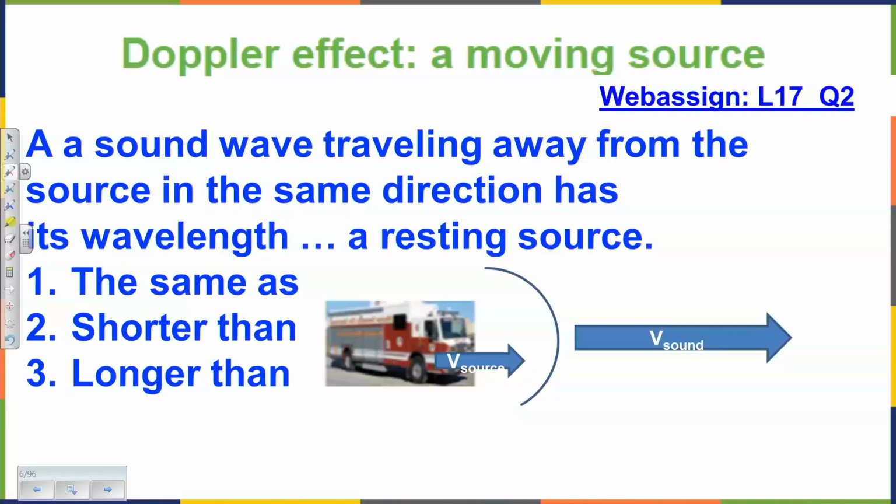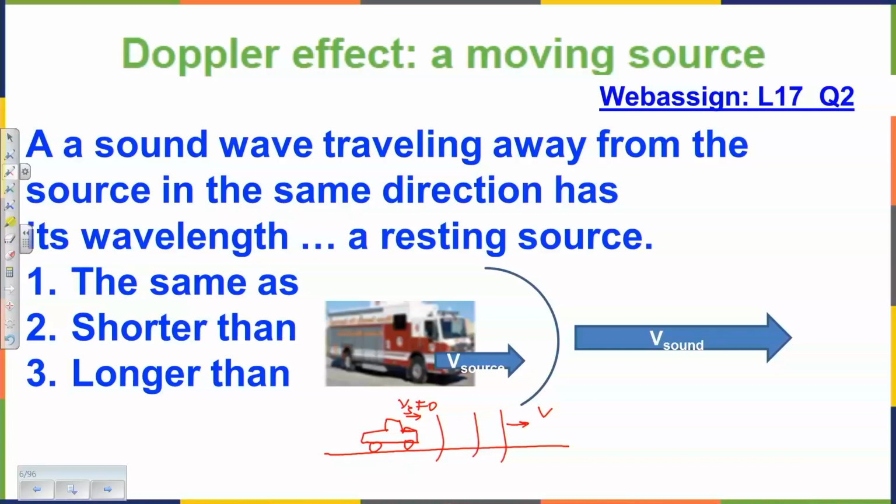So the picture which we can draw now would look like this. A moving source, and wave fronts travel away, and the speed of the source is not 0 anymore, while the speed of the sound is never 0, and the direction is the same for both velocities.